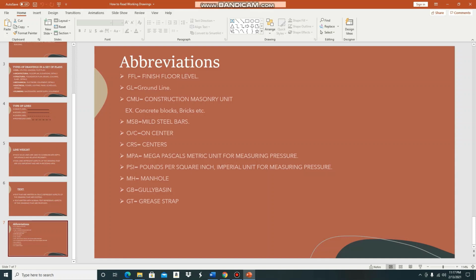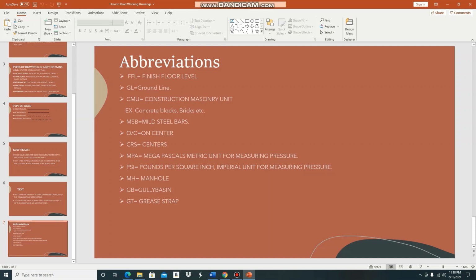Then you have MH, which is manhole, GB, your gully basin, and GT, grease trap. So just be familiar with these abbreviations, and whenever you see them on your drawings, you know exactly what they are speaking about.